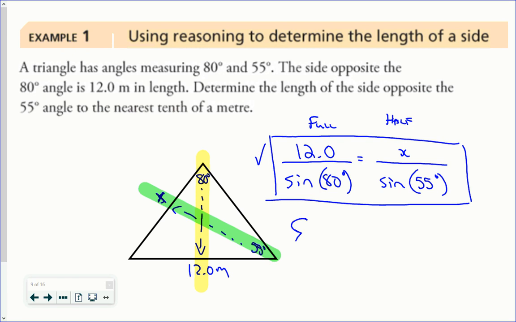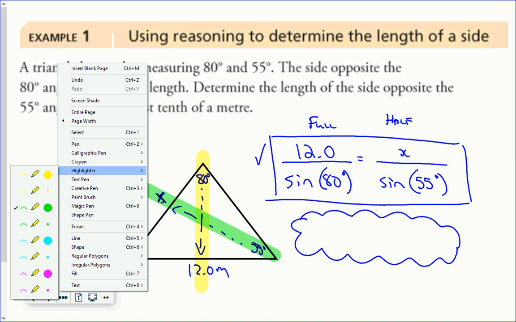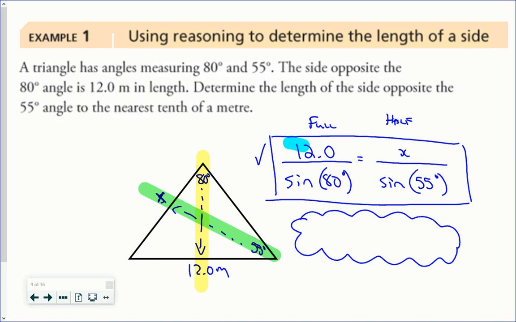So on your calculator, you're going to cross multiply and divide. So again, what you choose to multiply is the one that does not have the letter. So this is the diagonal that does not have the letter. So on your calculator, you're going to go 12 times sine 55, finish off that bracket, divide by sine 80.